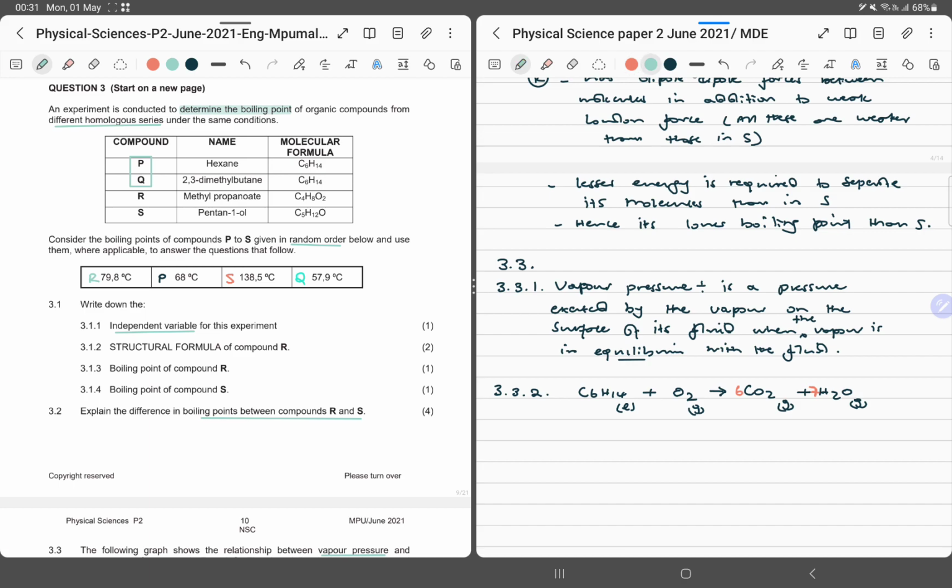So always do oxygen last. Now let's look at the oxygens. We've got here 7 oxygens plus 12. So that makes it 19 oxygens. So we can put 19 here. But now when we make 19, it's 19 O2, it becomes 38, sorry. So we have to divide this by 2 to make it exactly 19 oxygens on this side.